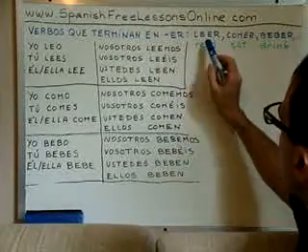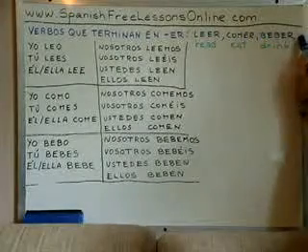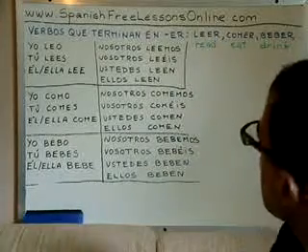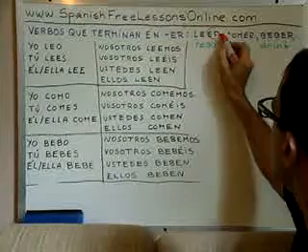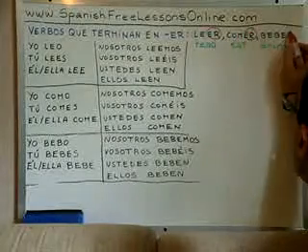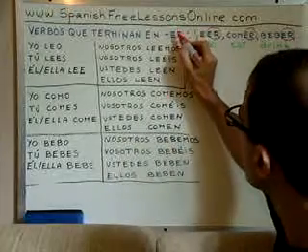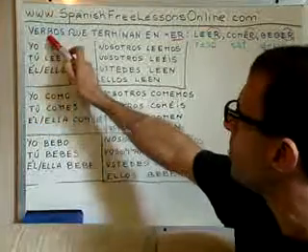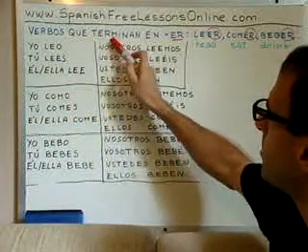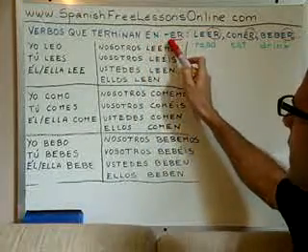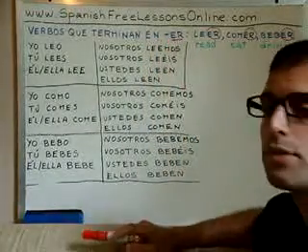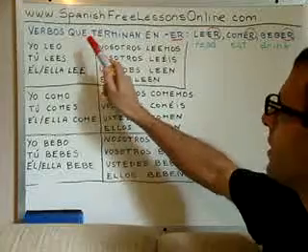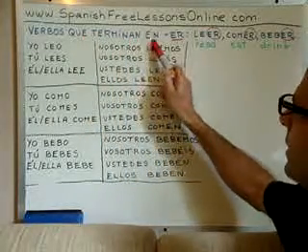You can see that all these three verbs, and the list continues, end with ER, right? These verbs belong to the group of verbs ending in ER. Here it says verbos que terminan en ER. That means, let's translate word by word: verbs that end in ER.